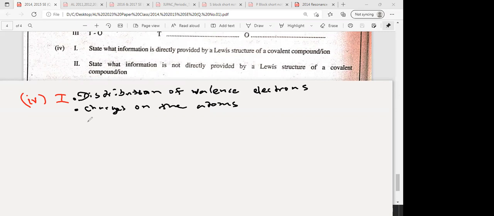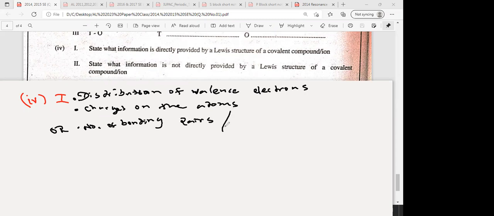Instead of distribution of valence electrons, you can write the number of lone pairs and number of bonding pairs.